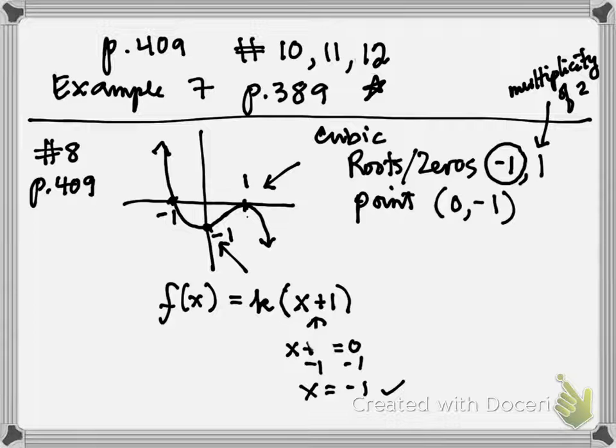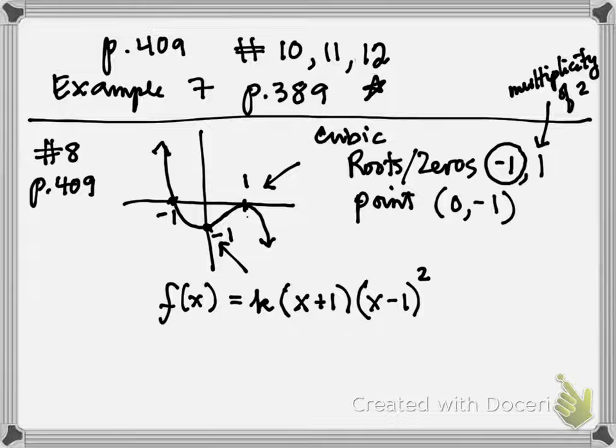Okay, so let's erase that part. The other one is x minus 1. I set it up as x minus 1 because when I equate that to 0, that would be x equals 1, which is my other root, my other 0, which I see in the graph. Now, since my graph bounces on that point, this has multiplicity 2, okay? The exponent will be even, okay?